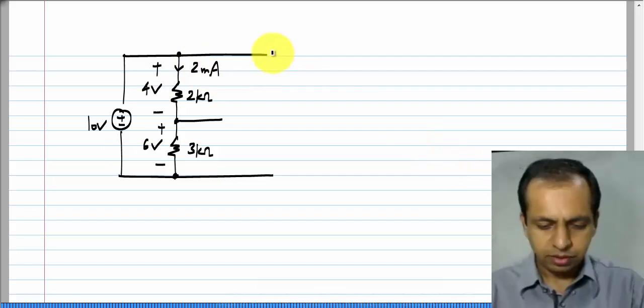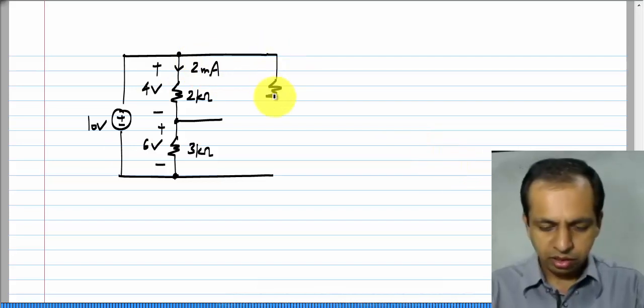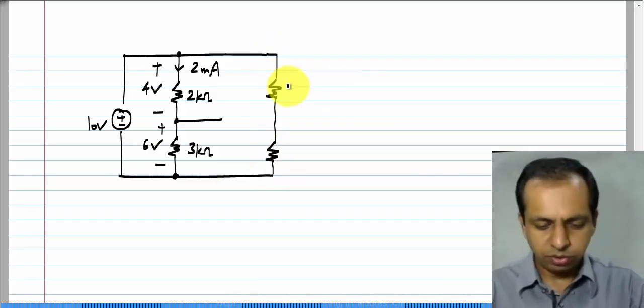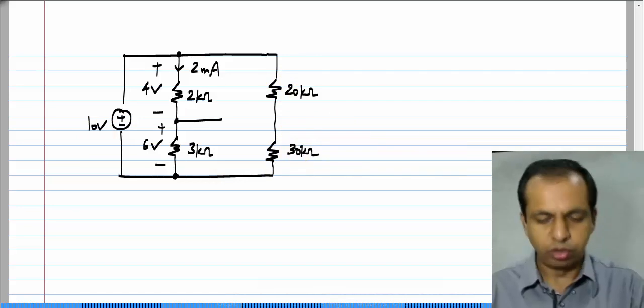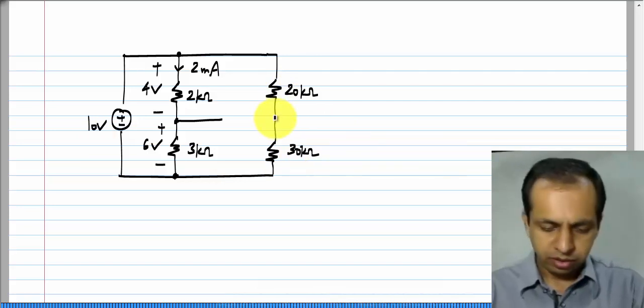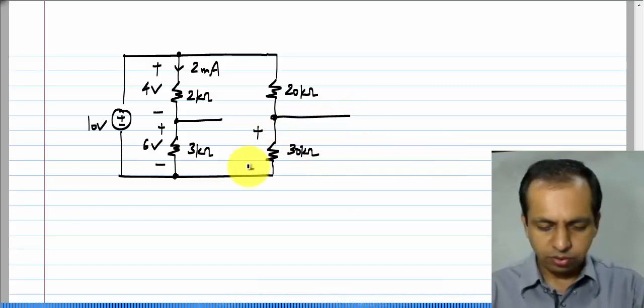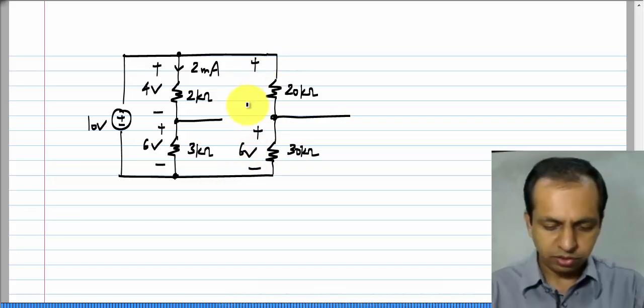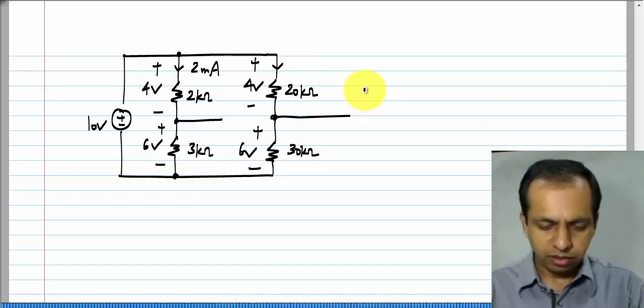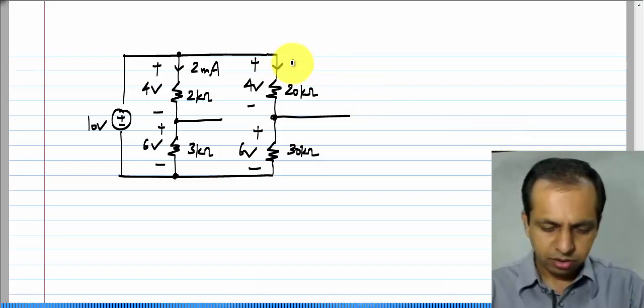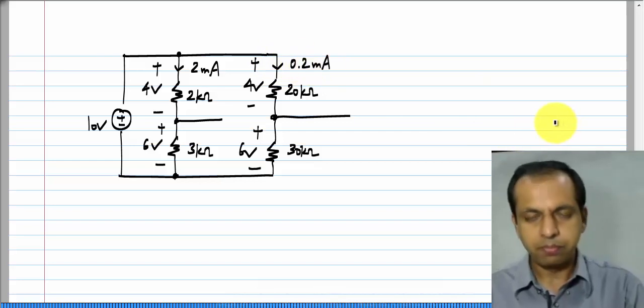Now, let me take another set of resistors connected to the same voltage source, maybe this is 20 kilo ohm and this is 30 kilo. Again you see that across the lower resistor we have 6 volts and across the upper resistor we have 4 volts, and the current here is 0.2 milliampere.